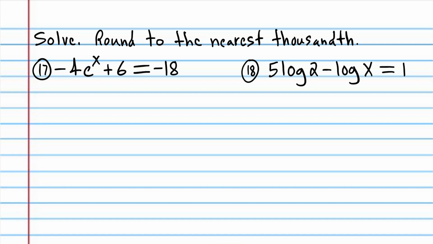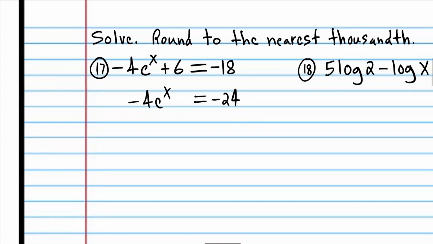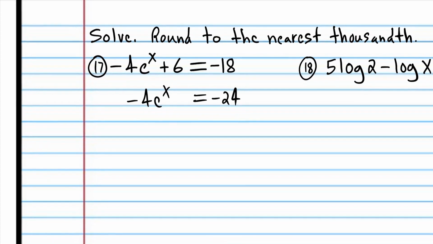All right, we're back. So we need to isolate the exponential expression, which means we need to move the 6 and the -4 to the other side of the equation. So I'm going to subtract 6 from both sides. And then I'm going to divide both sides by -4.